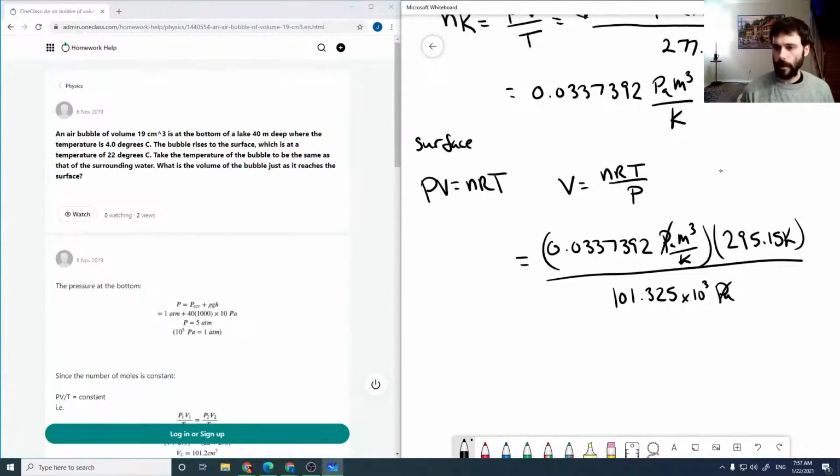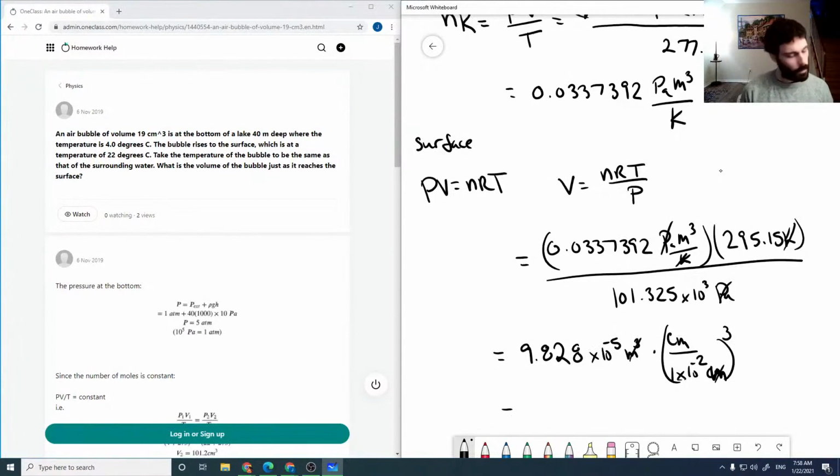So we can see that our pascals cancel, our Kelvins cancel, and we're left with a meters cubed answer. So 9.828 times 10 to the minus 5 meters cubed, which we can put into centimeters cubed by multiplying by the relevant factor. So our meters cubed will cancel, and this will be 98.28 centimeters cubed.